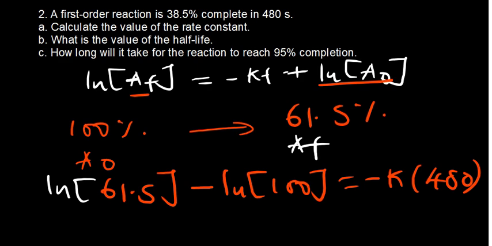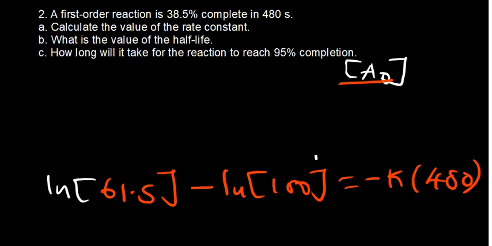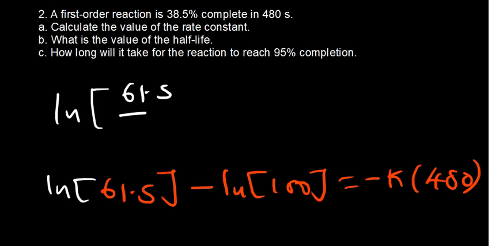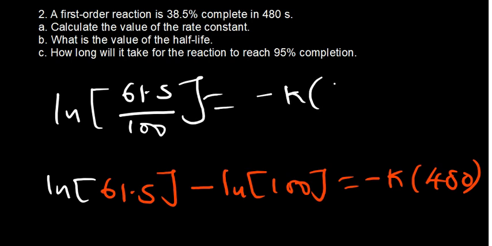From our logs, subtracting logs with the same base is the same as maintaining the log and dividing what is attached to the log. So this is the natural log of 61.5 divided by 100 equal to minus k multiplied by 480.